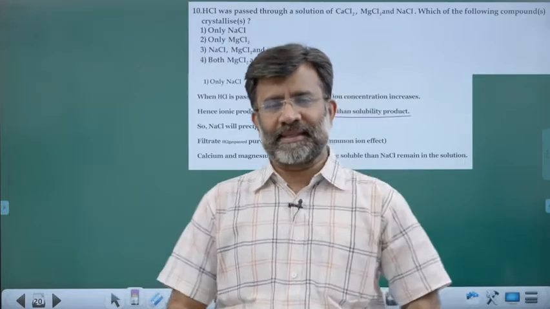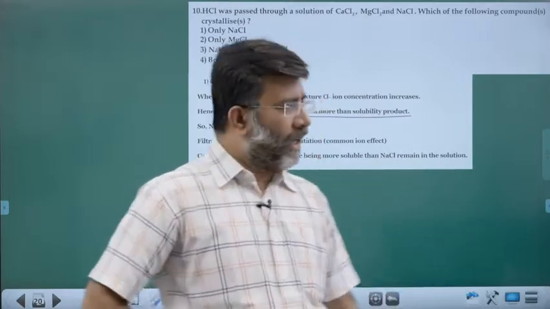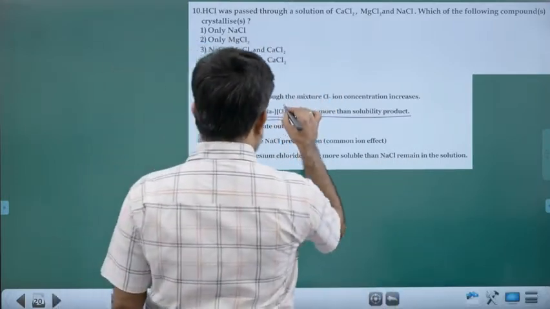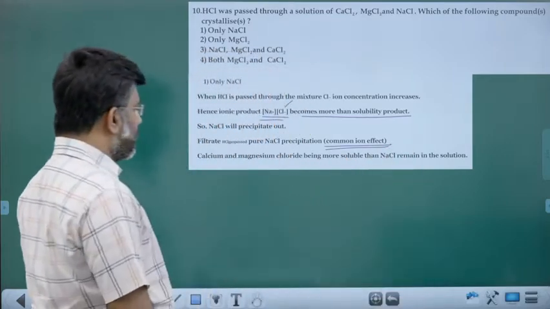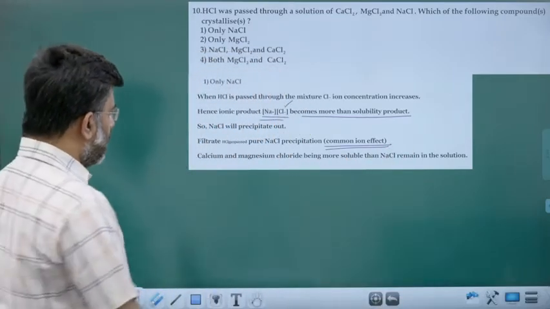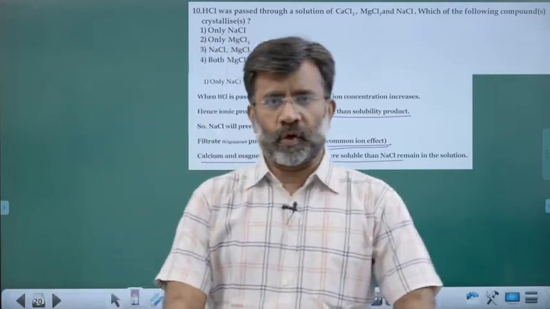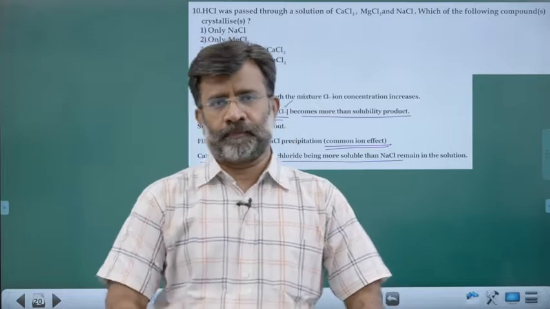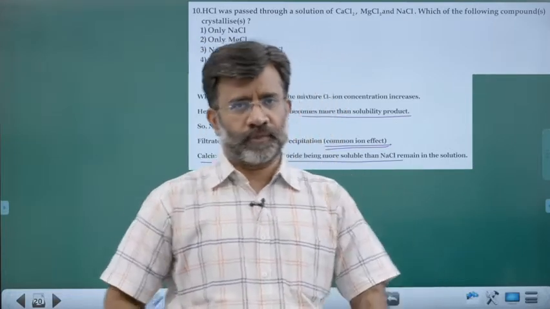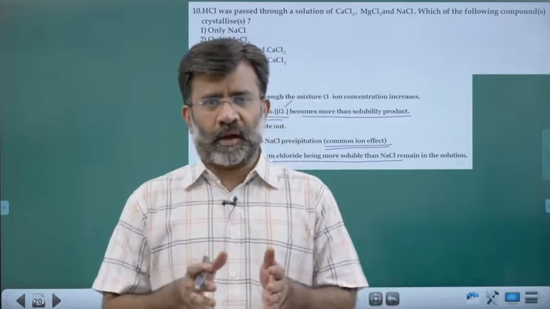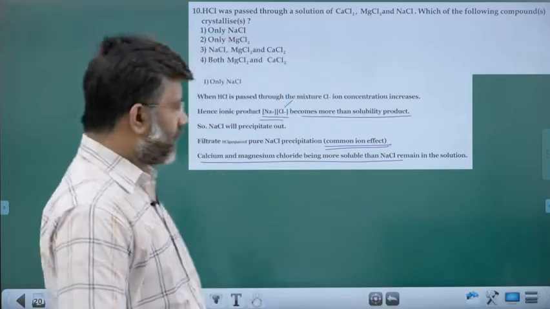NaCl easily precipitates out as a result of the increase in concentration of Cl minus, due to the common ion effect. Calcium and magnesium chlorides are more soluble, their solubility is greater, therefore NaCl will precipitate out. So this question has commercial and industrial importance. Okay, next one.